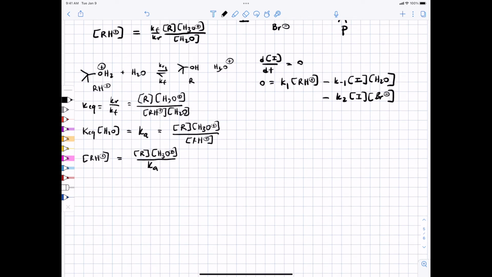And with that in place, we can separate variables and isolate, factor out I, and divide both sides by the same quantity. We come up with K1 times RH plus divided by K minus 1 times the concentration of water plus K2 times the concentration of Br minus.